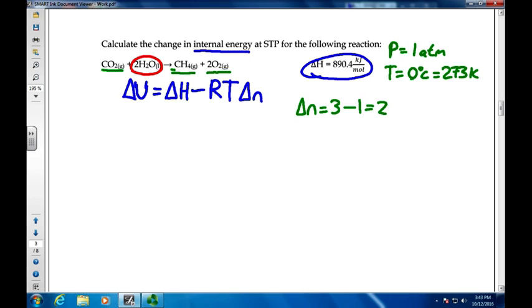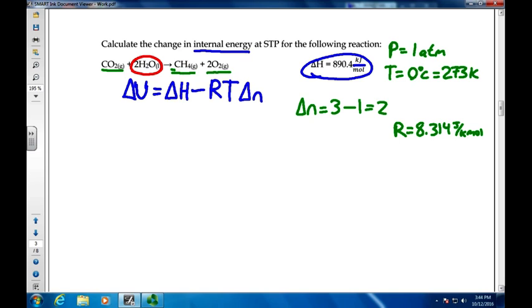And R, our gas constant. R can be developed in many different ways depending on what kind of units you want to use. But in this case, we're going to use R equal to 8.314 joules per Kelvin mole. Looking at what kind of units we have otherwise, we see our delta H, up at the top here, is in kilojoules per mole.